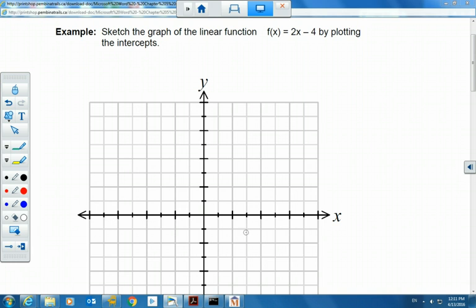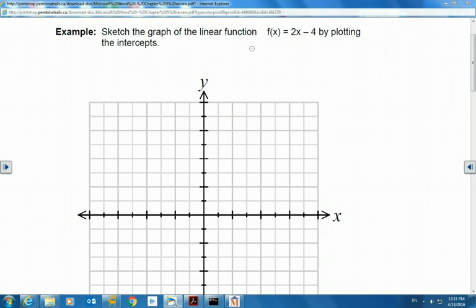That's the horizontal intercept. Now, what can you tell me is the value of y anywhere along the horizontal intercept? Okay, so I'm going to write x intercept. The y value is equal to 0 at that point.